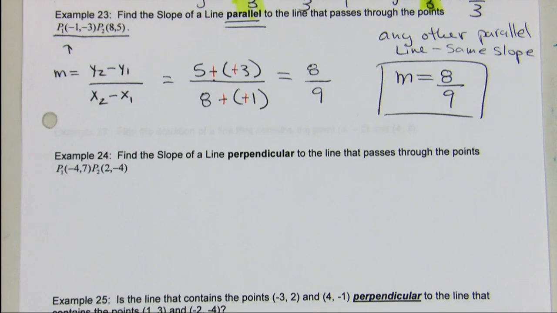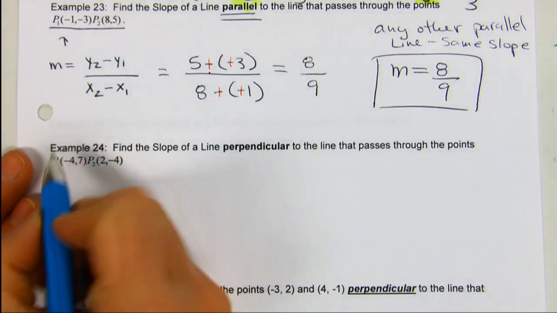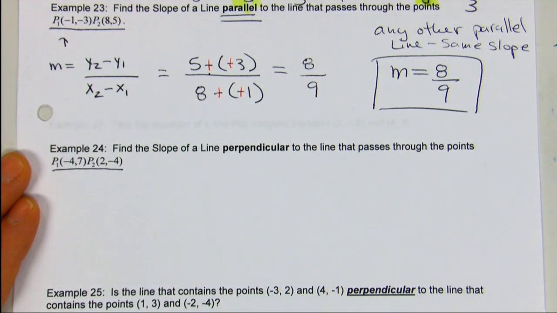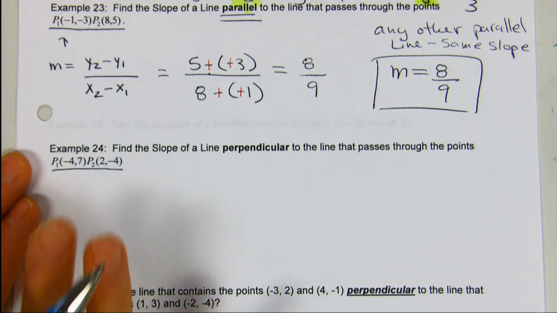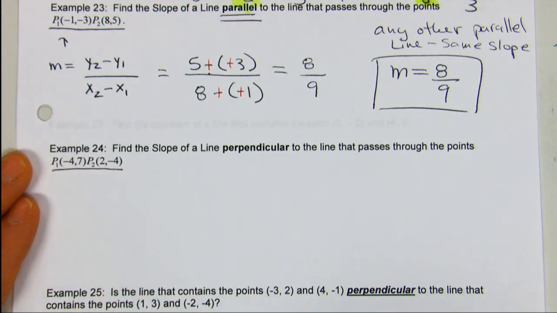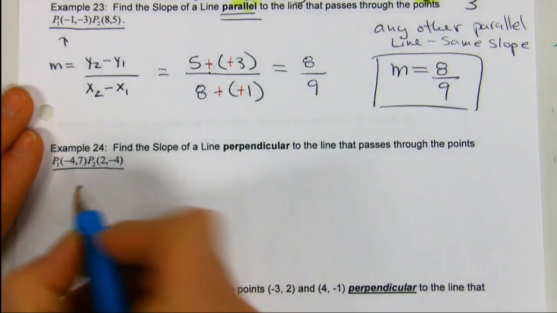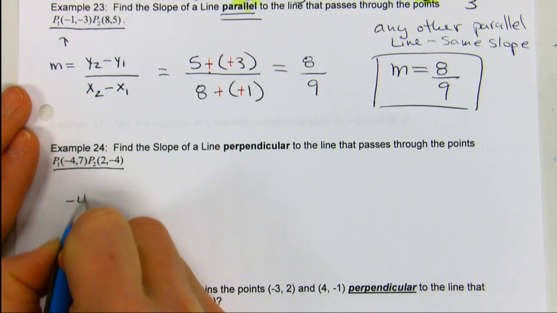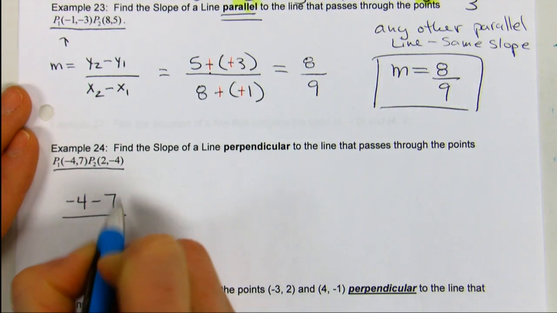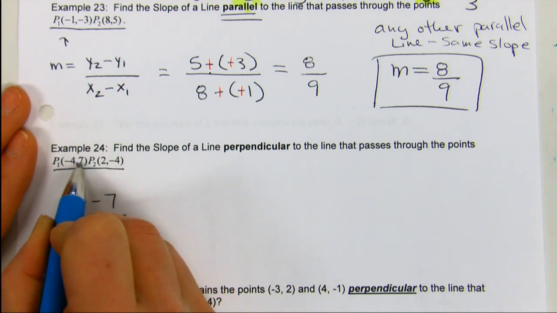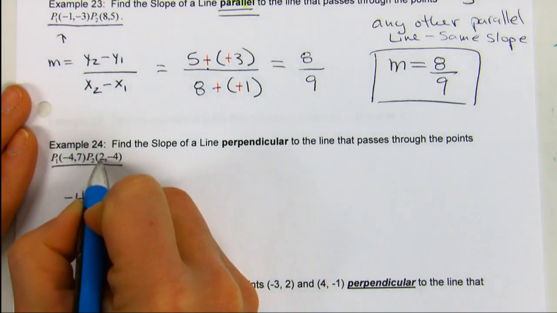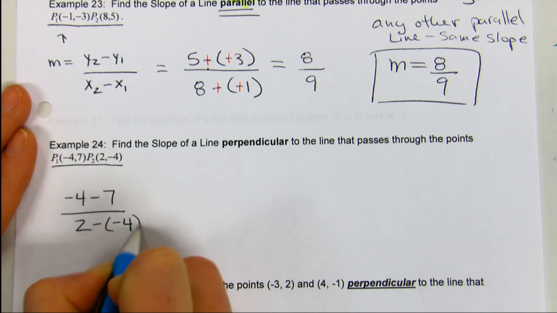The next one says find the slope of a line perpendicular to the line that crosses these points. Again, first we have to find the slope of this line, then we can say what any perpendicular line could be. So I take my second y minus my first, negative 4 minus 7, and my second x minus my first, which is a negative 4.